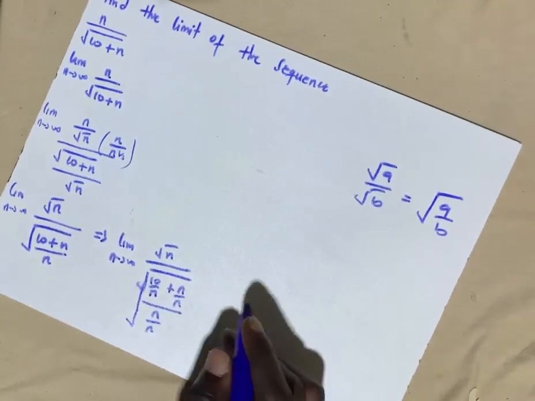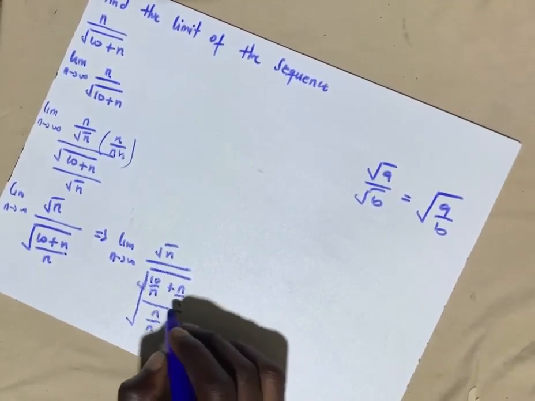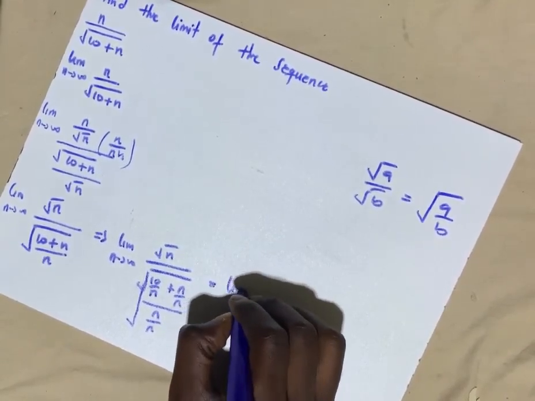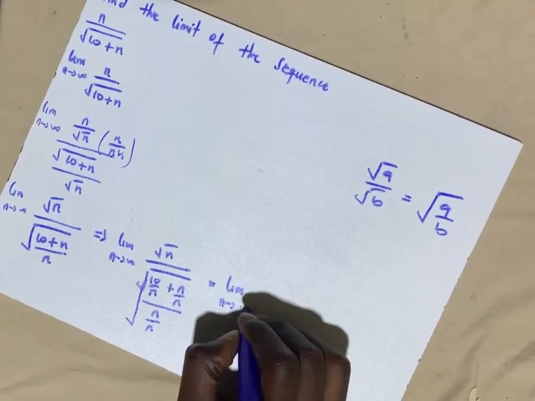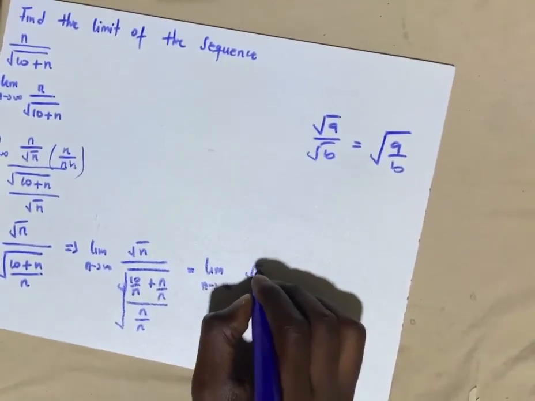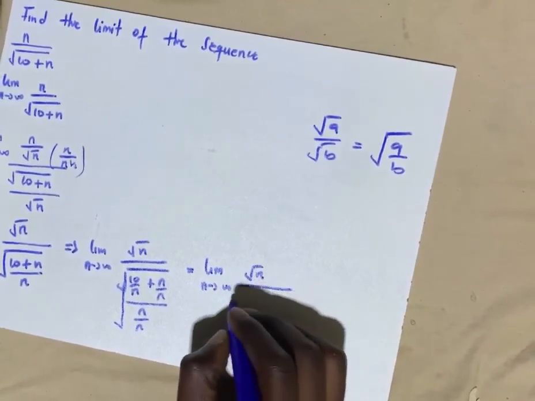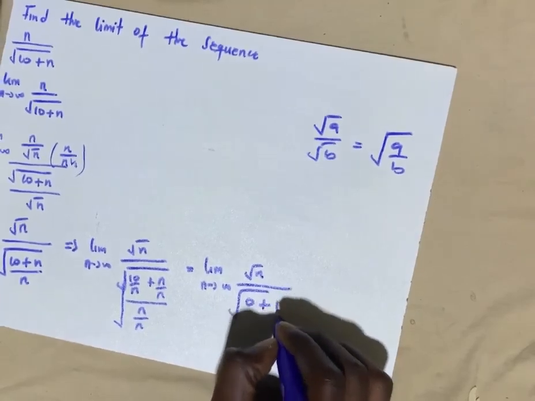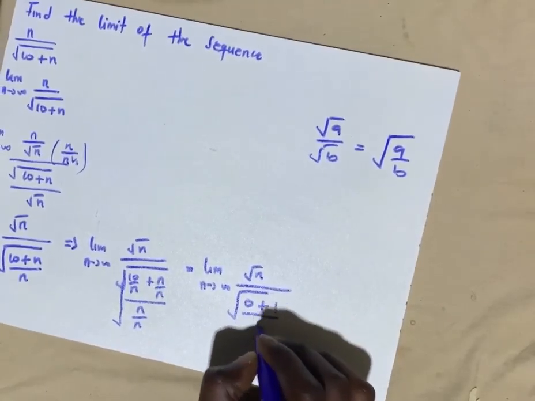So what do you think we are going to get? We are going to get the limit as n approaches infinity of the square root of n all over the square root of, now 10 over n goes to 0, so 0 plus 1 all over 1.